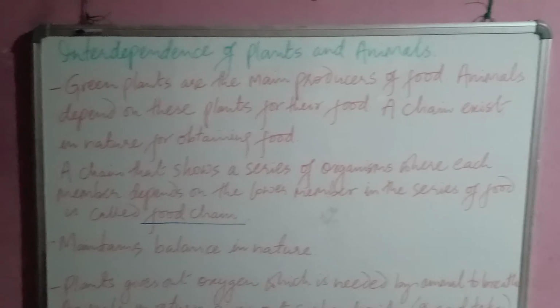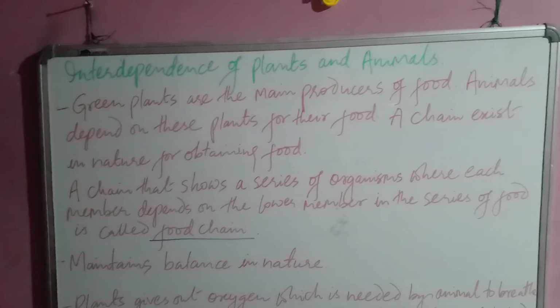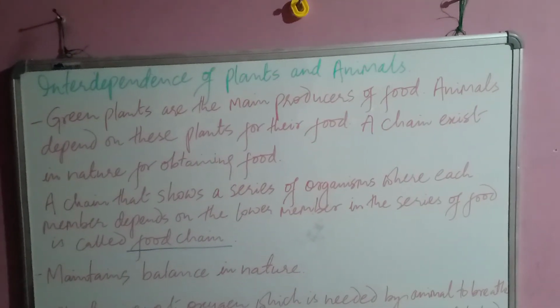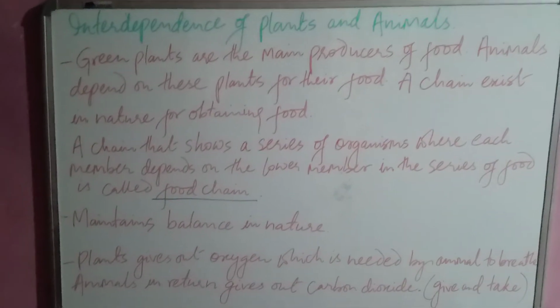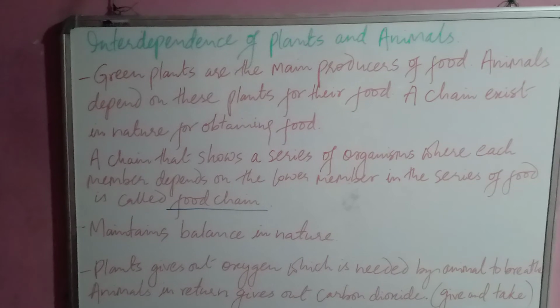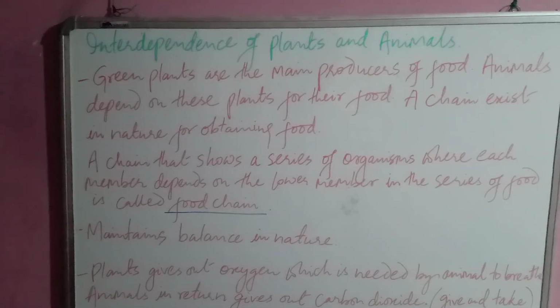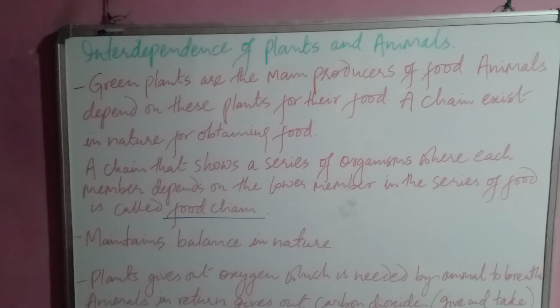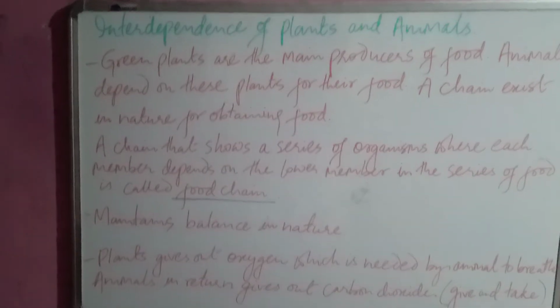Then we have the next point. This interdependence of plants and animals in the food chain helps to maintain balance between the number of plants and animals. Thus, if there is a certain increase or decrease in the number of either plants or animals, the balance in nature will be disrupted.